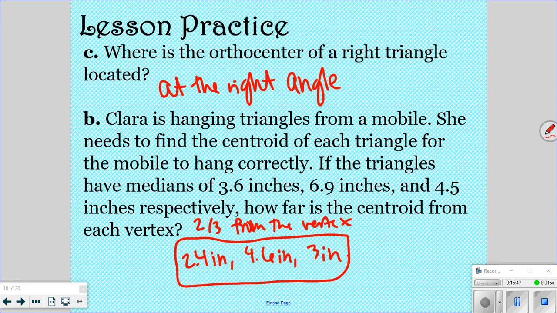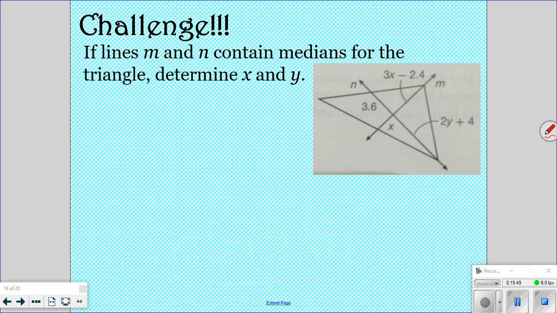Okay, so now we're going to look at the challenge question. So it tells us line M and N contain medians, and we want to determine X and Y. So y'all pause the video and try this one, and then unpause the video and I'll go over it. So on this one, this is the 2/3 and this is the 1/3.